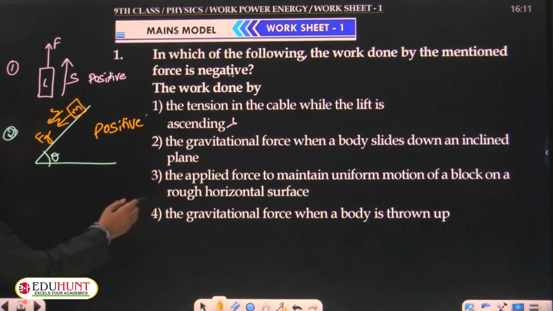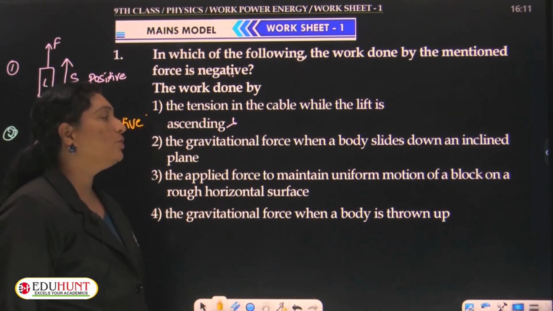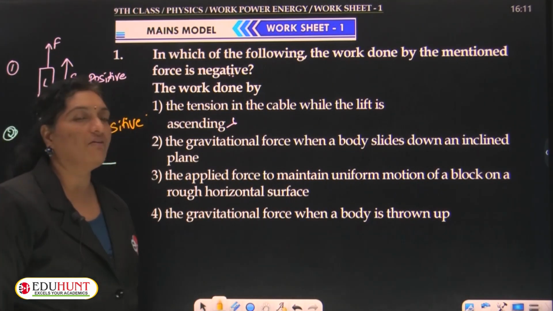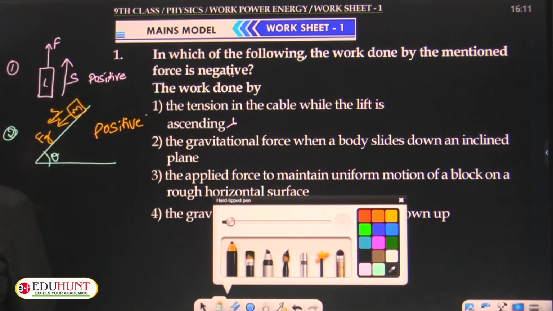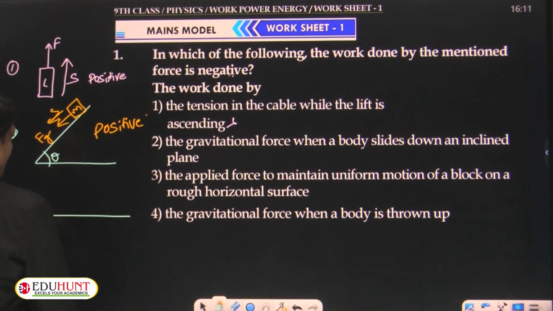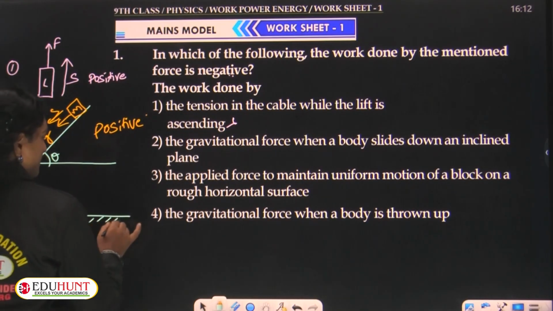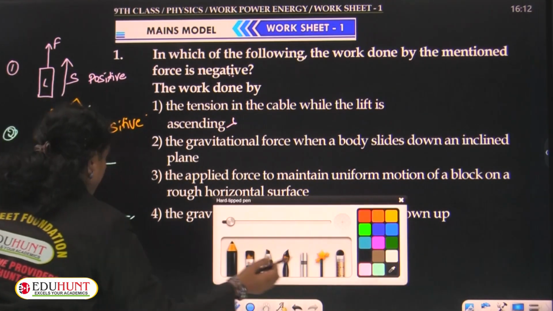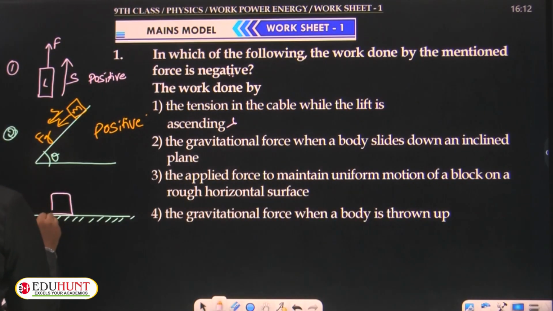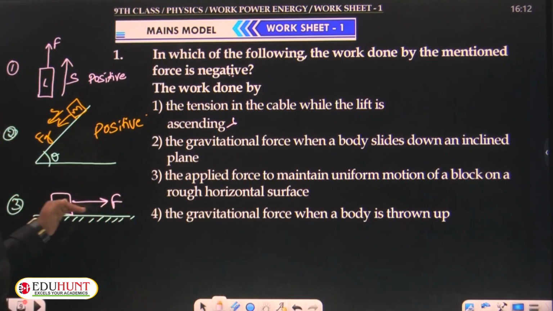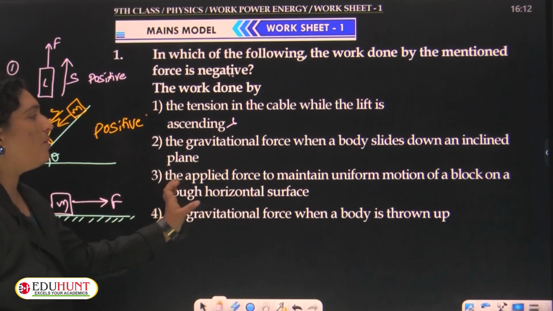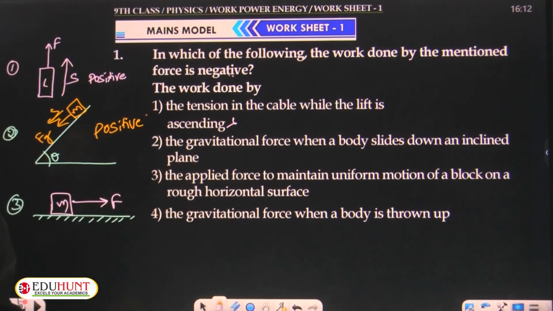Similarly, the third one, the applied force to maintain uniform motion of a block on a rough horizontal surface. Consider a rough horizontal surface, and on it a body of mass m, on which some force is applied.